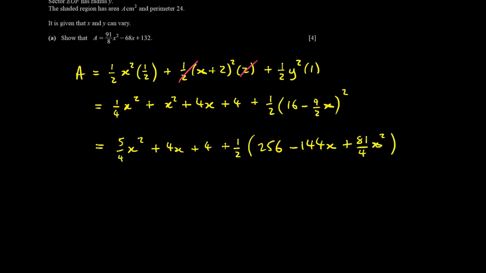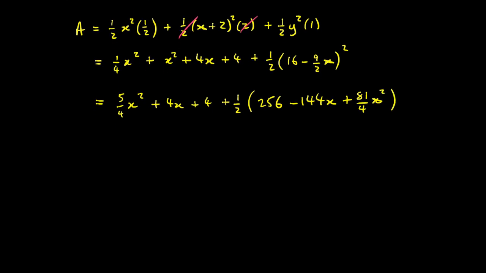Okay, then, so let's just keep going nice and patiently through this. I think patience is the key. Okay, so we get that. Let's expand everything through by a half. So 256 divided by 2 is 128 minus 72x plus 81 upon 8 x squared.